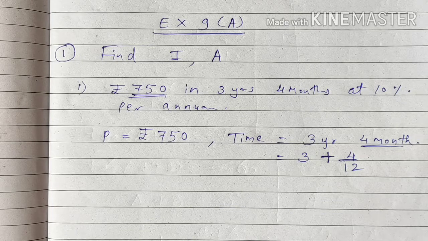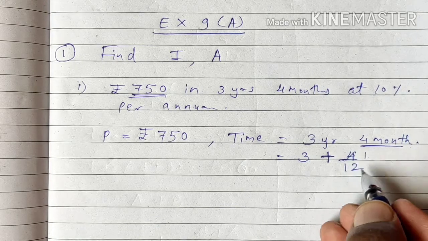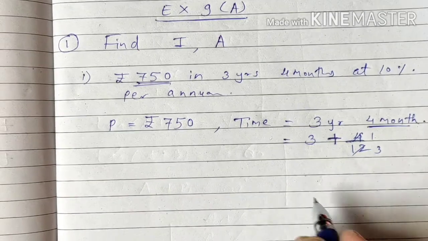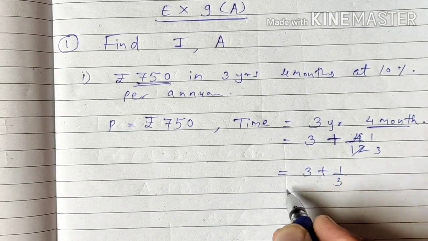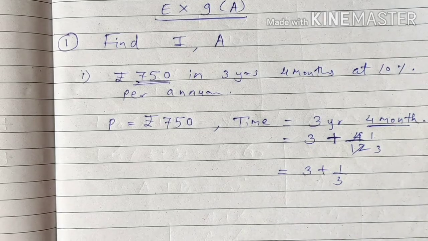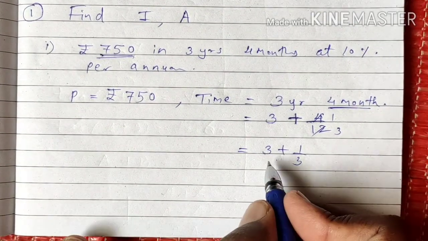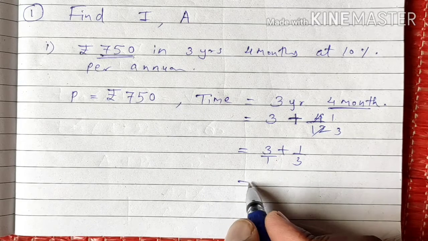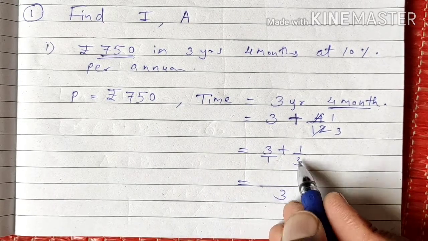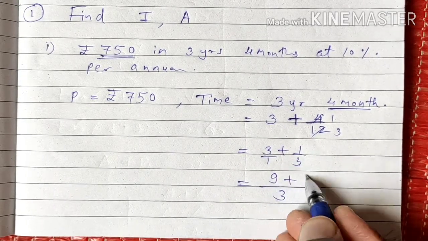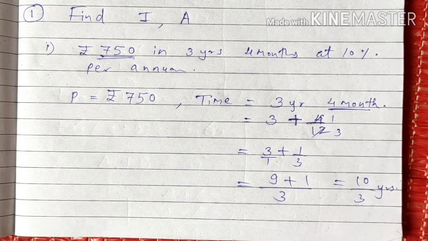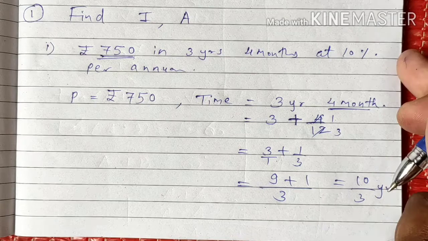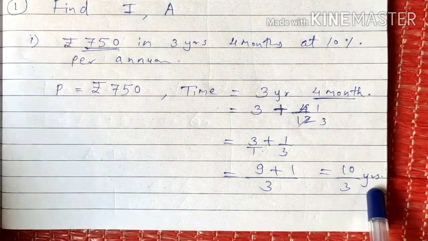Got it? 4 ones are 4, 4 threes are 12. So 3 plus 1 upon 3. For addition of these two things, we need their denominators to be equal. So it becomes 3 threes are 9 plus 1, that is 10 upon 3 years.